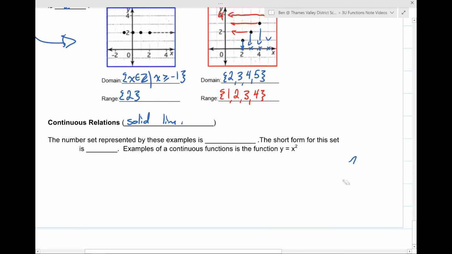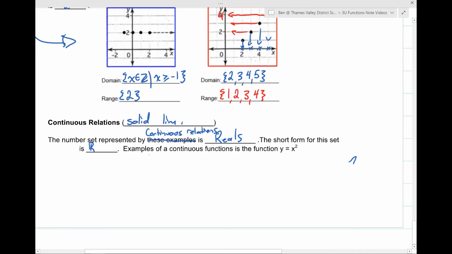So the number set represented by continuous relations is the reals, and that's the one that we have been working with. The short form for this has two vertical lines in the R, in the capital R, and examples of continuous functions.